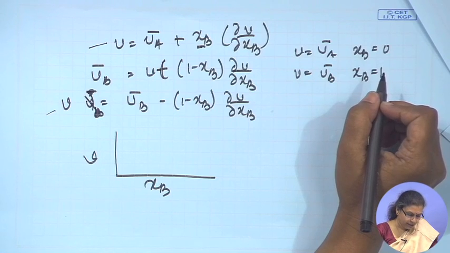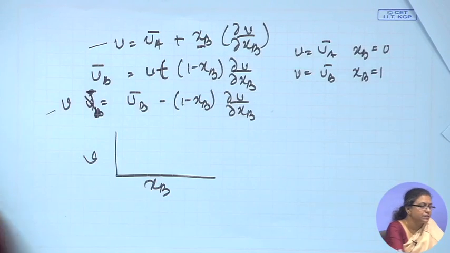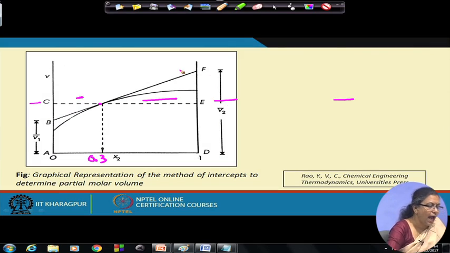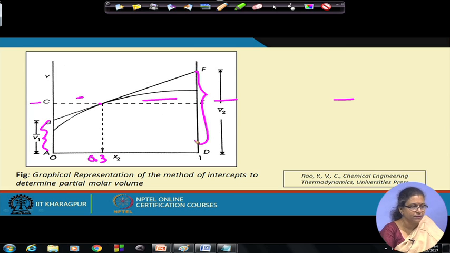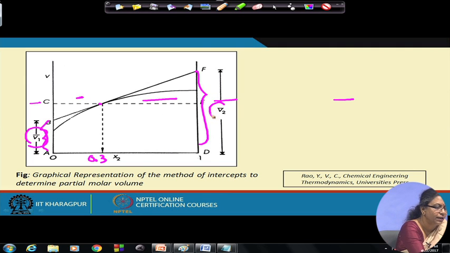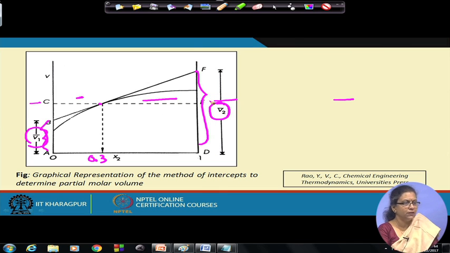So, therefore, the thing which we do is we simply draw the tangent and then we find the intercepts on the two extreme axes. The intercept at x 2 equals to 0 gives us the partial molar volume of component A or component 1, and the intercept at x 2 equals to 1 gives us the partial molar volume of component 2.